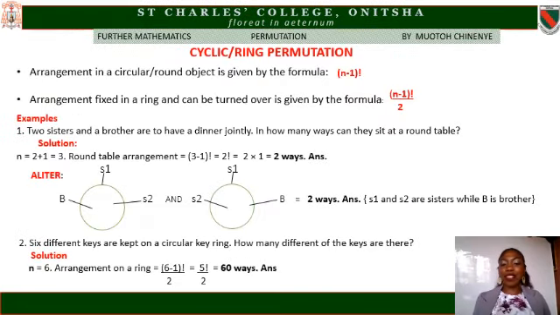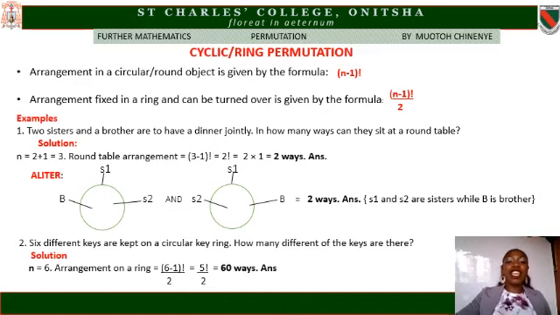Another aspect of the topic is cyclic or ring permutation. For arrangement on a circular or round object, a circular object is just an object in a table form, an object in a table that cannot be moved. When you have such objects, the formula to use is (n minus 1) factorial.